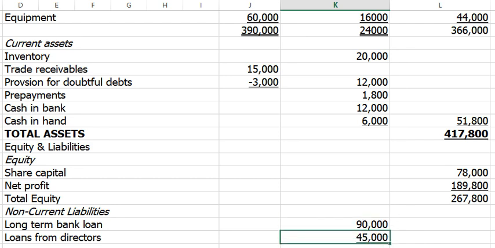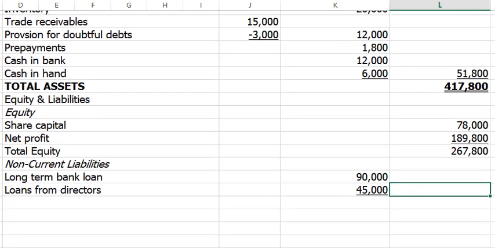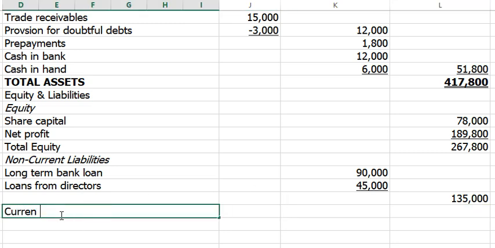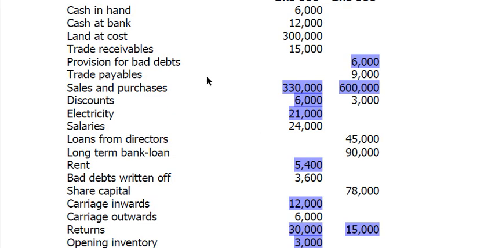When we add these two, we get our total non-current liabilities. Then I'll move to the current liabilities. Under the current liabilities, what do we have? Of course, we have the trade payables, that is 9,000.